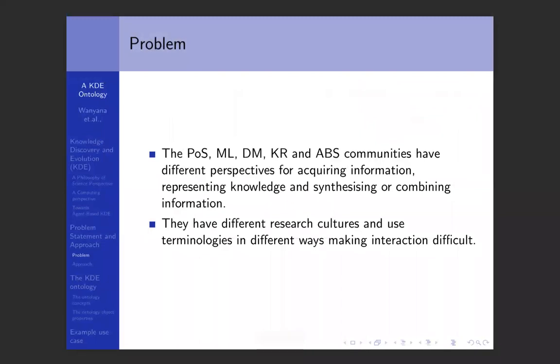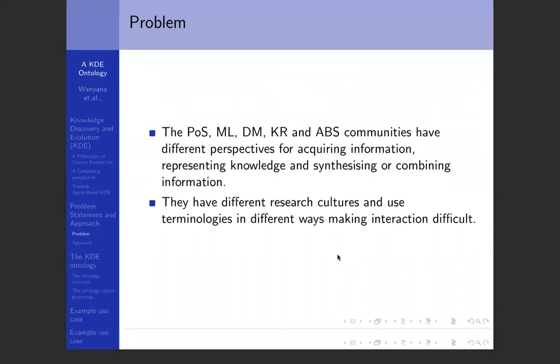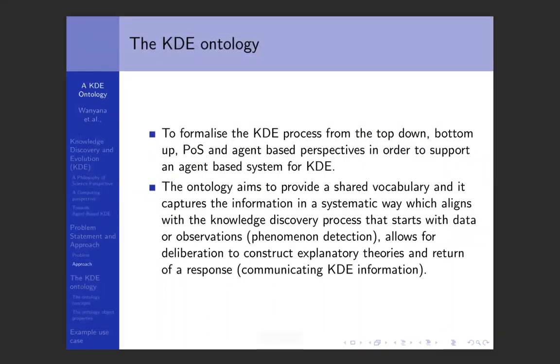However, all these communities that I've talked about so far, the philosophy of science community, the machine learning, data mining, knowledge representation and reasoning, and agent-based systems have different perspectives for acquiring information, representing knowledge, and synthesizing or combining information. They have different cultures and they use terminologies in different ways, of course, making interaction difficult.